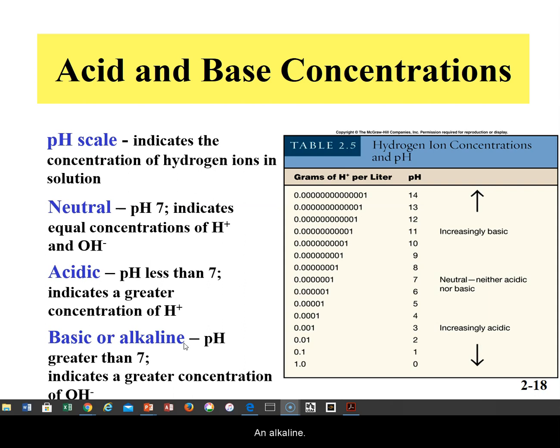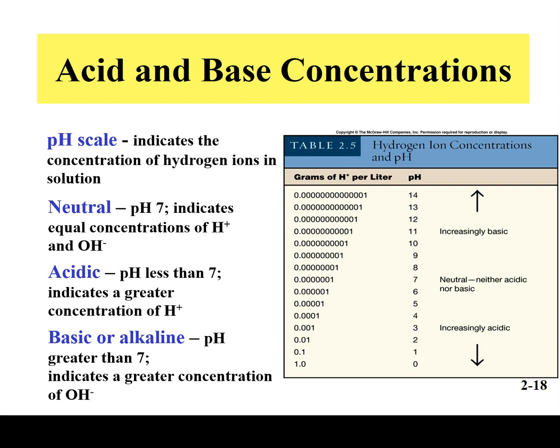And alkaline or basic, and both of these terms are correct. The pH is greater than 7, so pH 8 is 10 times more basic than neutral. And then between pH 8 and 10, it would be 10 times 10, 100 times.